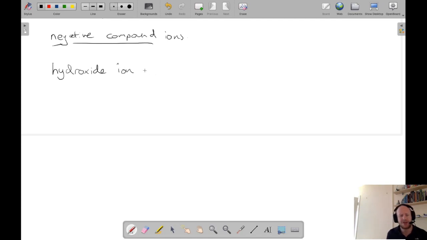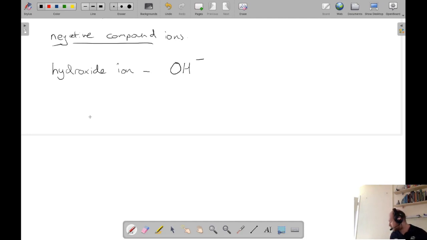The hydroxide ion is a really common ion that we come across a lot. It's in anything that is alkali. So things like sodium hydroxide, potassium hydroxide, those contain hydroxide ions. Hydroxide ions have the formula OH-. So if there's something hydroxide, it's going to have this OH- group in it.